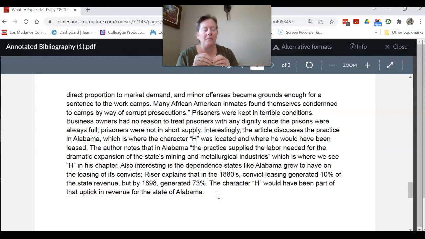Or maybe I would look at what happened once they were released, which we also see in H's story. So that's what I mean when I say your annotation shouldn't just be three of the same thing. It's all about convict leasing, but you're narrowing that each time in order to get a little bit closer to where the character is, right? And so that's your task of the annotated bibliography.